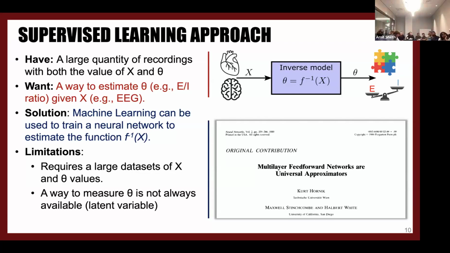Why can I do that? Well, because deep neural networks are known to be, you have a paper here that is one of the papers that demonstrated that they are universal function approximators. If you throw enough data at them, they'll learn the mapping. And then you can use the mapping with new data, right?